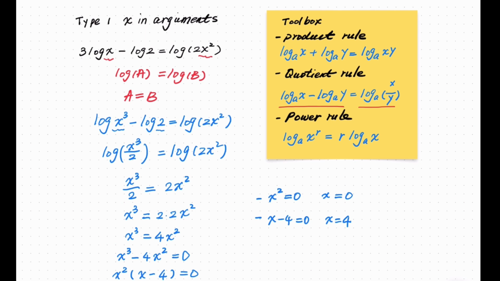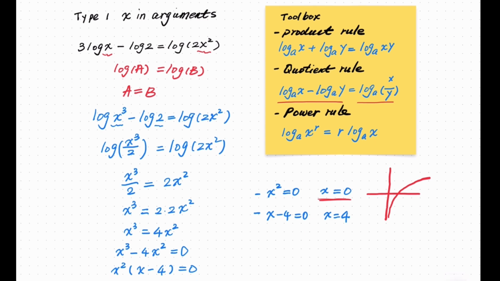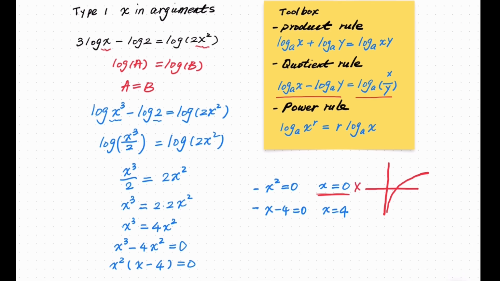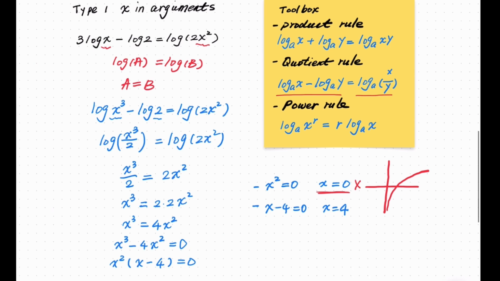For x equals 0, remember we cannot take the logarithm of 0 or any negative number. For a logarithmic function, we know that x must be greater than 0. Therefore x equals 0 is not a valid solution. Then we have only one valid solution, which is x equals 4.